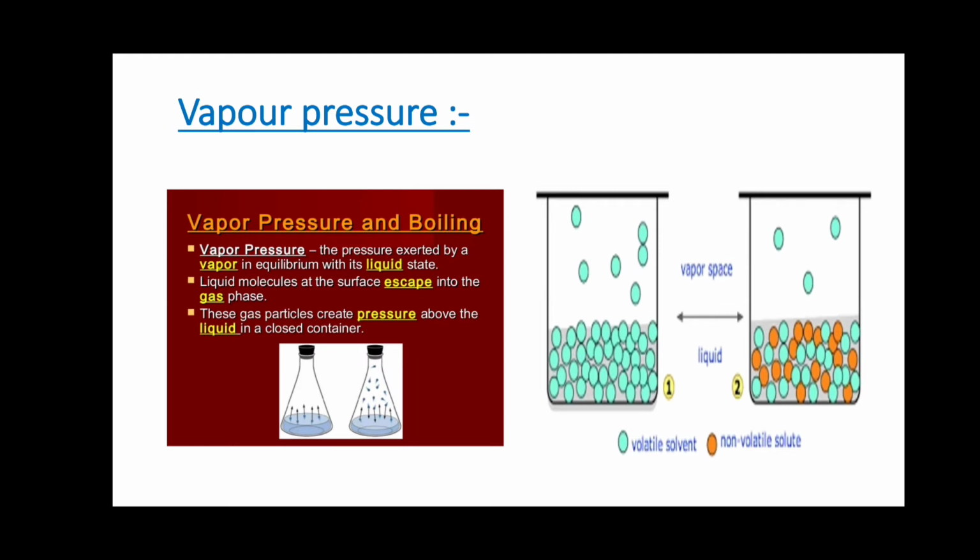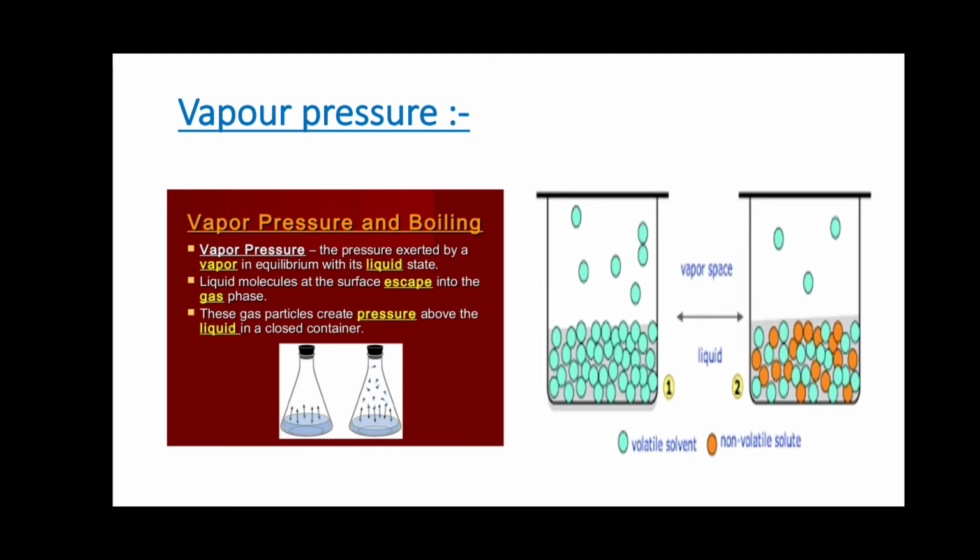So there is a dynamic equilibrium between the vapor phase and liquid phase. This type of pressure is called vapor pressure. So this is the definition of the vapor pressure.